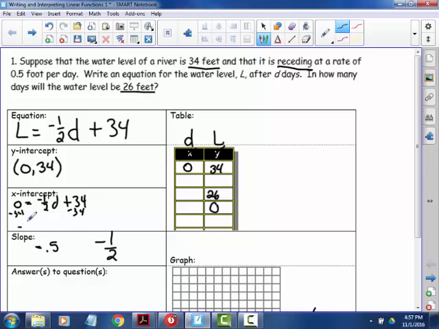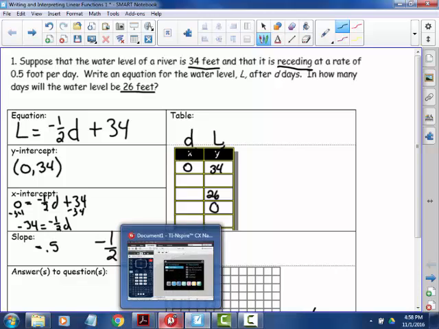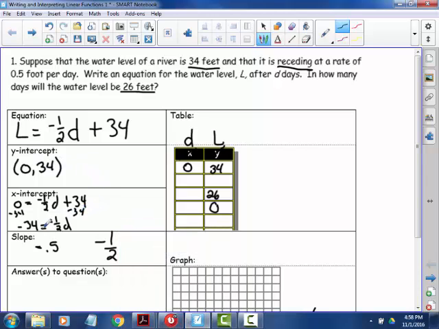So we'd have negative 34 equals negative 1/2 D, and then we would need to divide both sides by negative 1/2, which is the same thing as multiplying by negative 2. This might be where you pull out your calculator and do some work. I know that that's going to be 68, so D equals 68 when L is 0. That's my x-intercept.